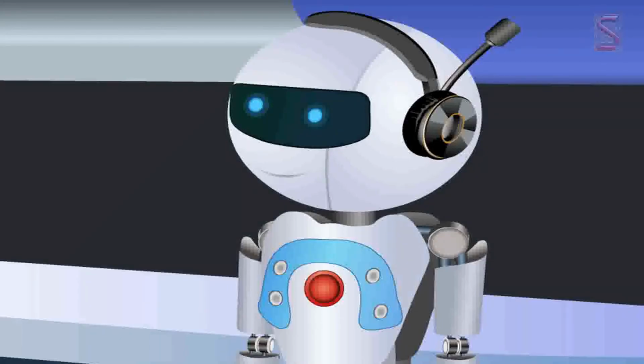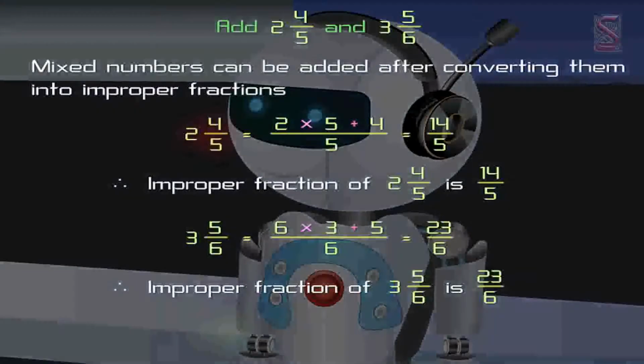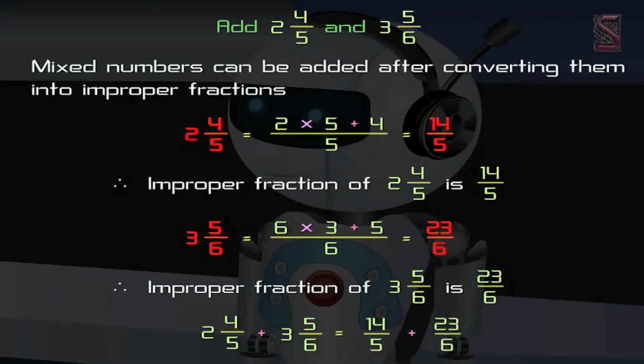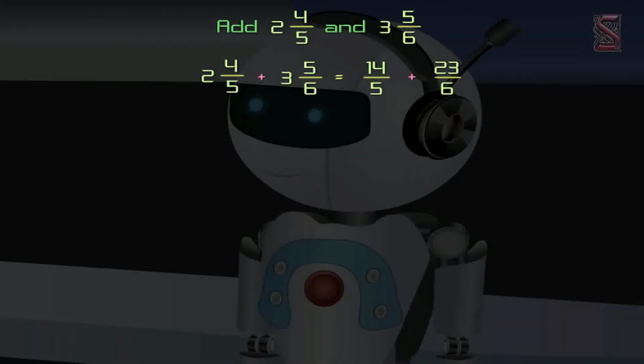Good. Now adding 2 4 by 5 and 3 5 by 6 is the same as adding the improper fractions 14 by 5 and 23 by 6.